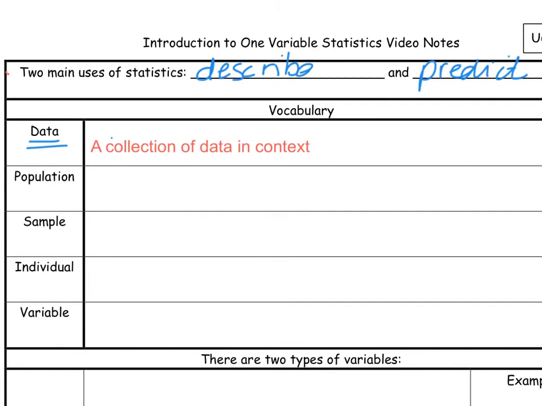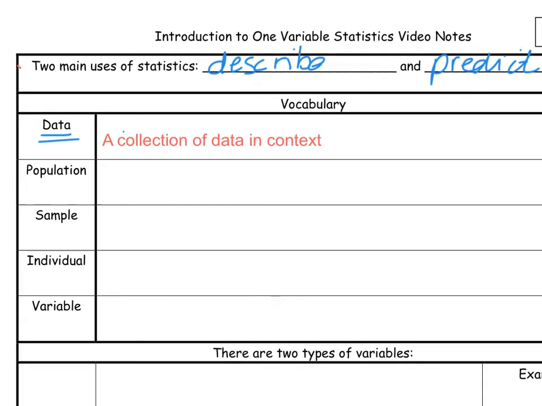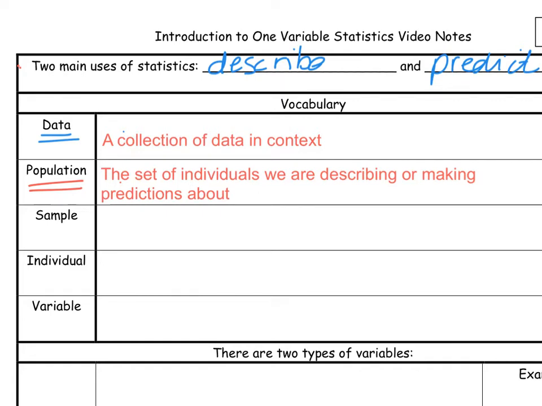And so our population is the set of individuals that we are describing or making predictions about. So the population can be who was surveyed. So we go to the mall, there's people standing around with clipboards. The population would be the people at South Point Mall on a Saturday afternoon.